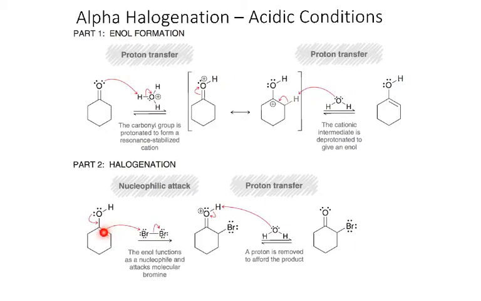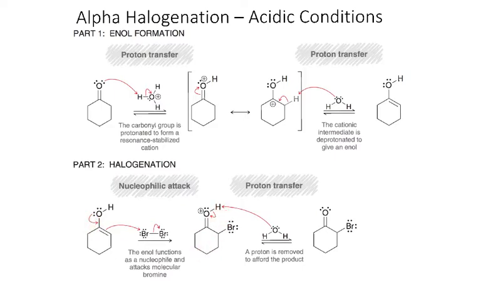In the first step, the pi bond undergoes nucleophilic attack on the Br2. The lone pair goes on to make Br-. We form this intermediate. Now, I'll actually draw this differently later on in the video. What we could have done is do the nucleophilic attack and leave the single bond here, and then show the resonance structure with the single bond and the carbocation, forming this second structure that's accomplished with this arrow.